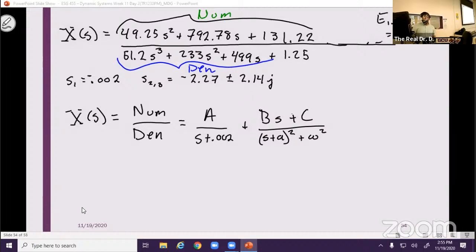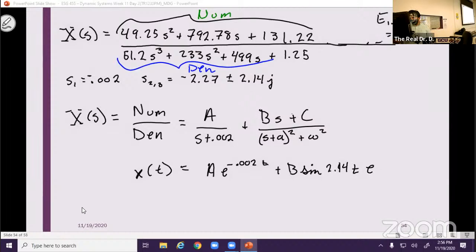So we should be getting something out of this that takes the form of A e to the negative 0.002 t plus B sine 2.1 t e to the negative something, plus C cosine.